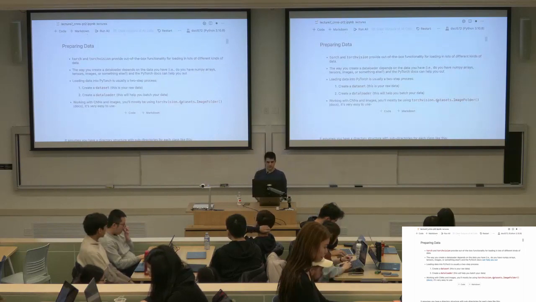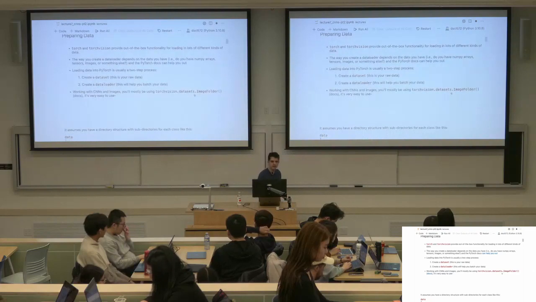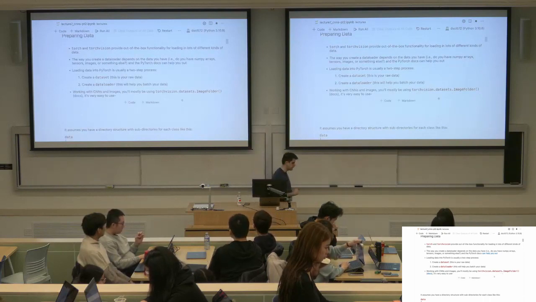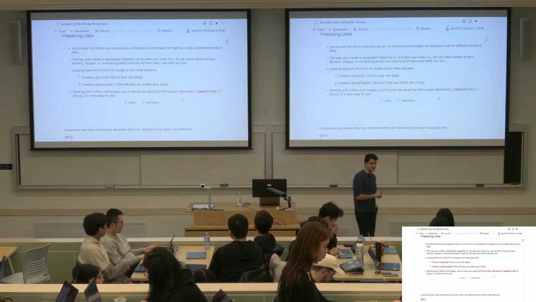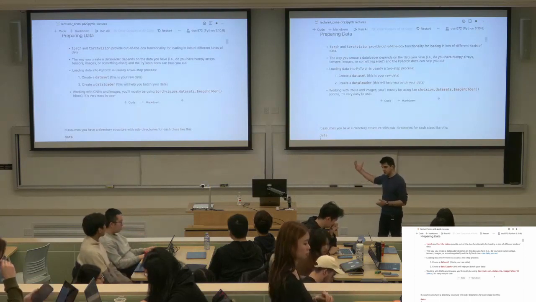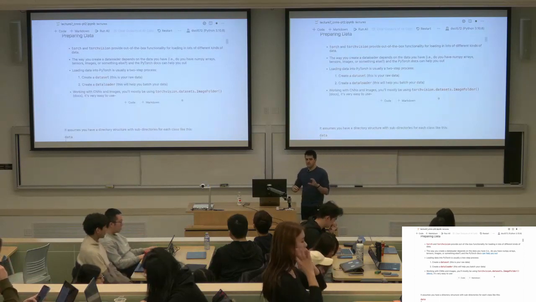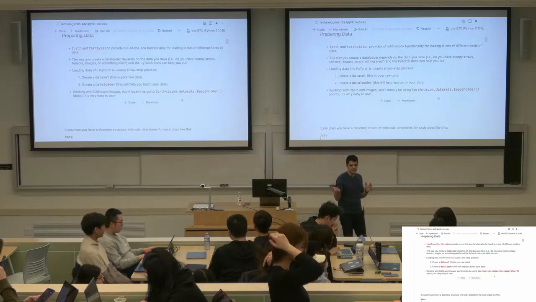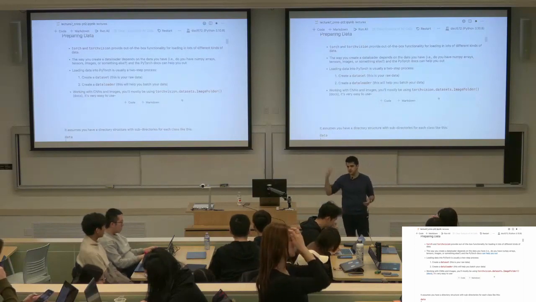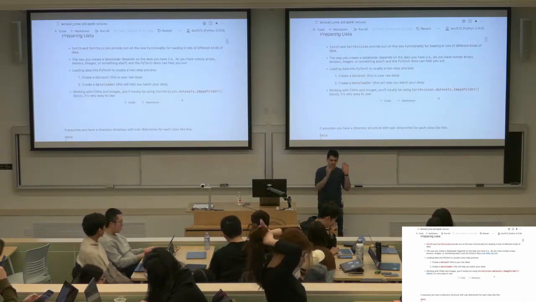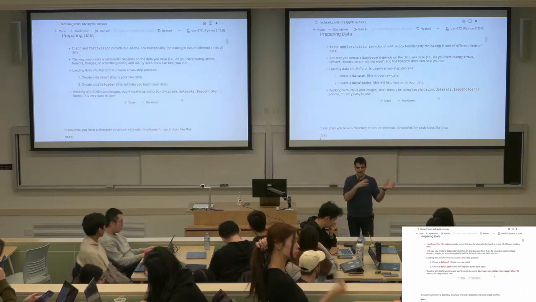So one particularly helpful PyTorch helper function is the ImageFolder function. You can access that from torchvision.datasets.ImageFolder. What it does is look at an image data set, and for example, if we have two classes of images, one is cats, one is dogs, we place them in different folders with different names, cats and dogs.